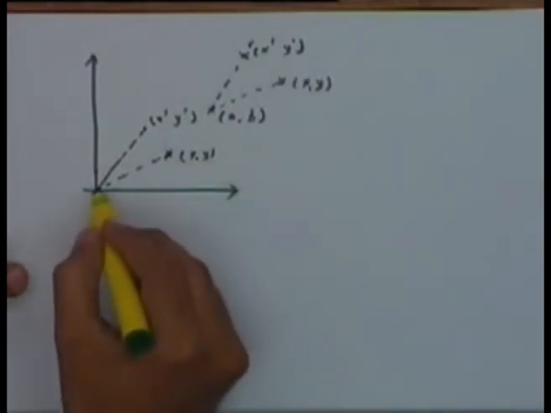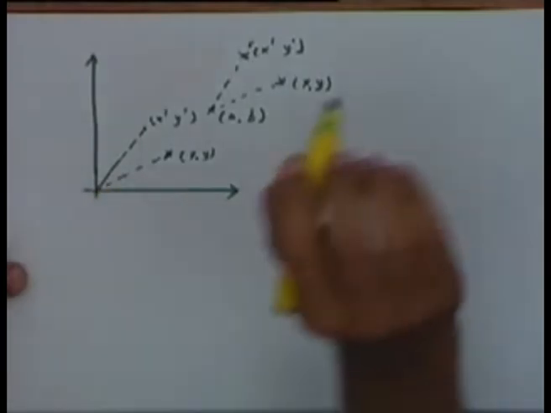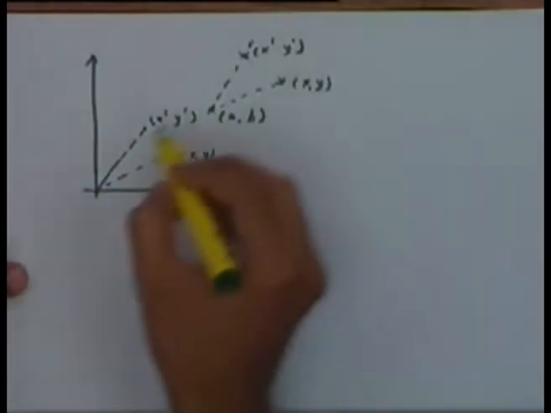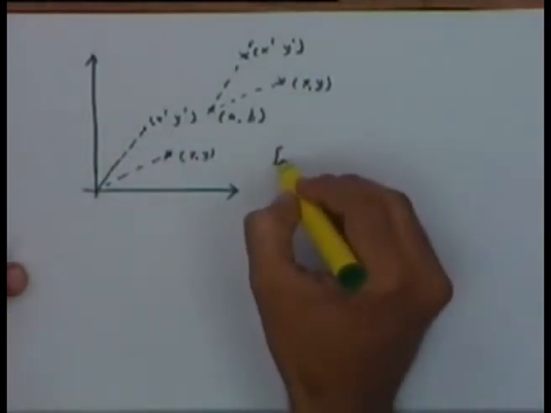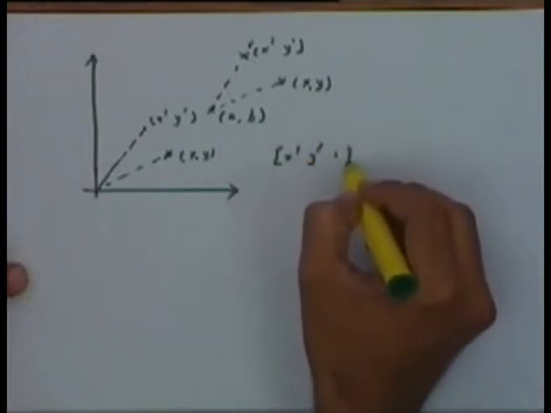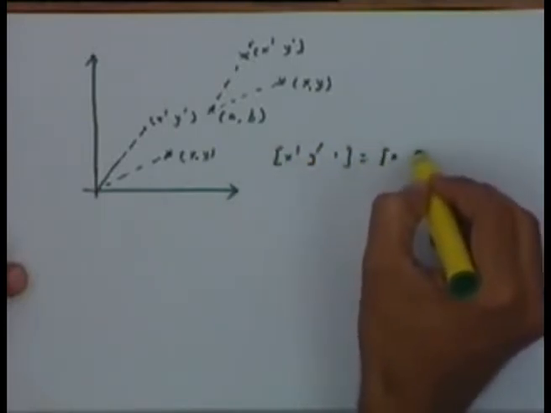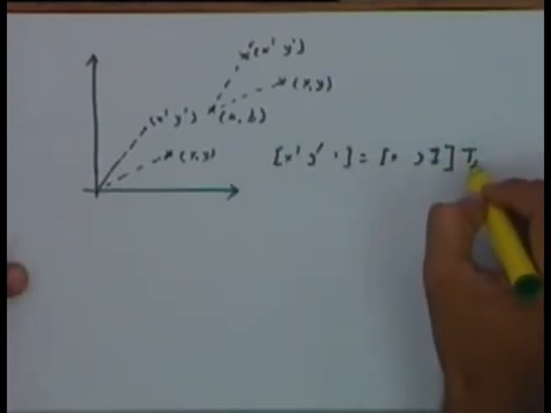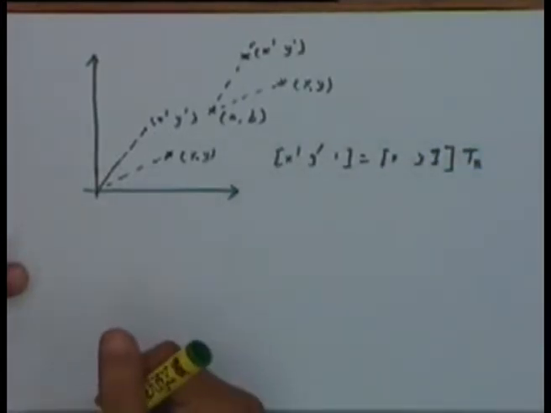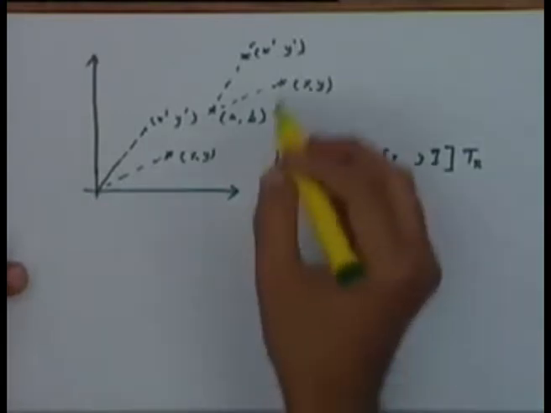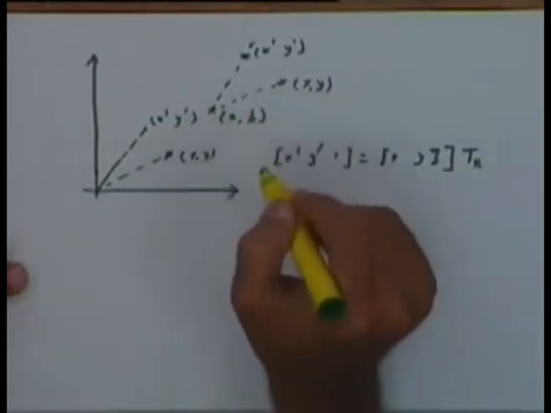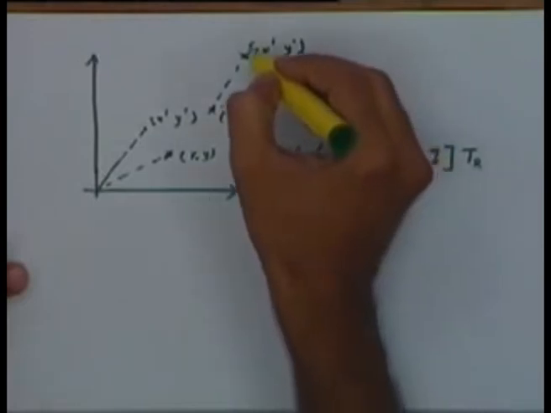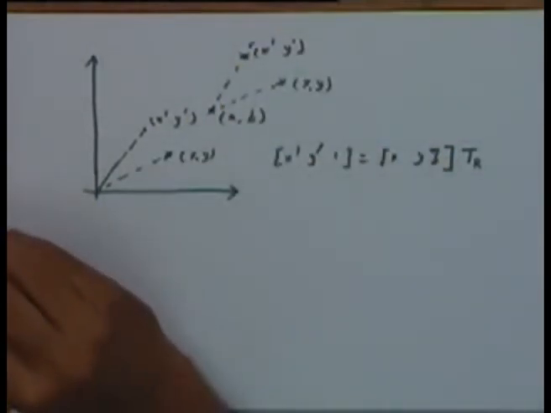I know that if I am rotating about the origin, I know the transformation matrix meant for that. If this is the case, I can easily get x prime y prime 1 equal to x y 1 multiplied by some transformation matrix meant for rotation. But if I have to rotate about the point A B, how do I find the transformation matrix for this case?